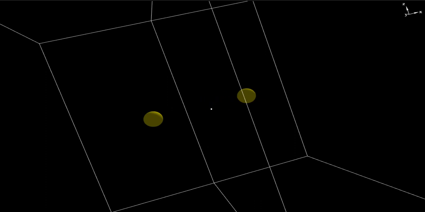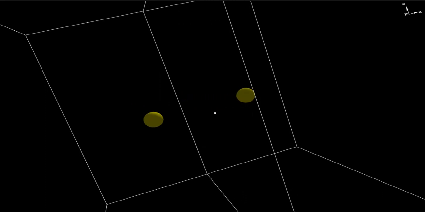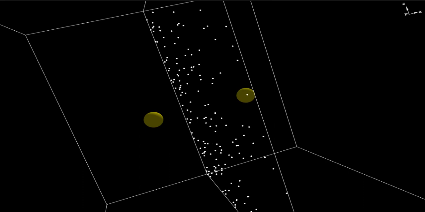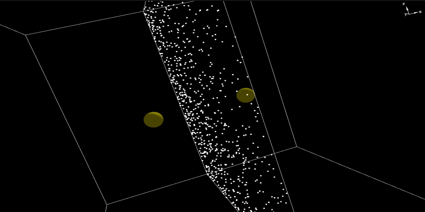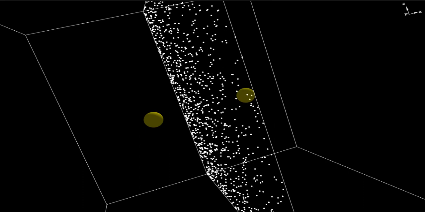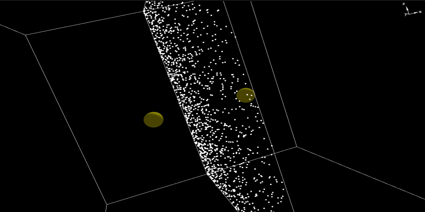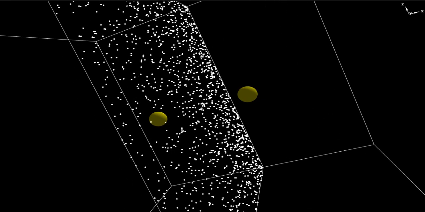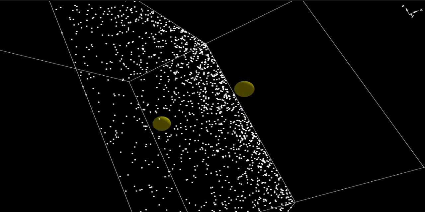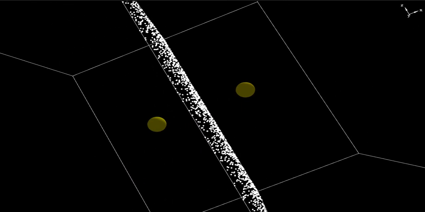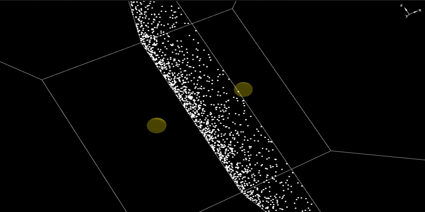Don't mind the white dot in between. I can bring in more white dots just to show you a collection of points on this plane. As you can see, those white points are the collection of points on this equatorial plane.